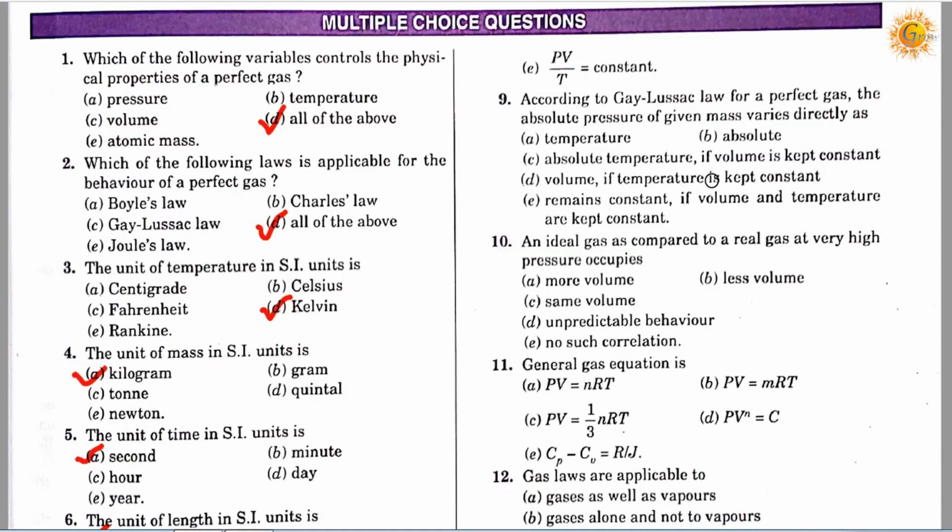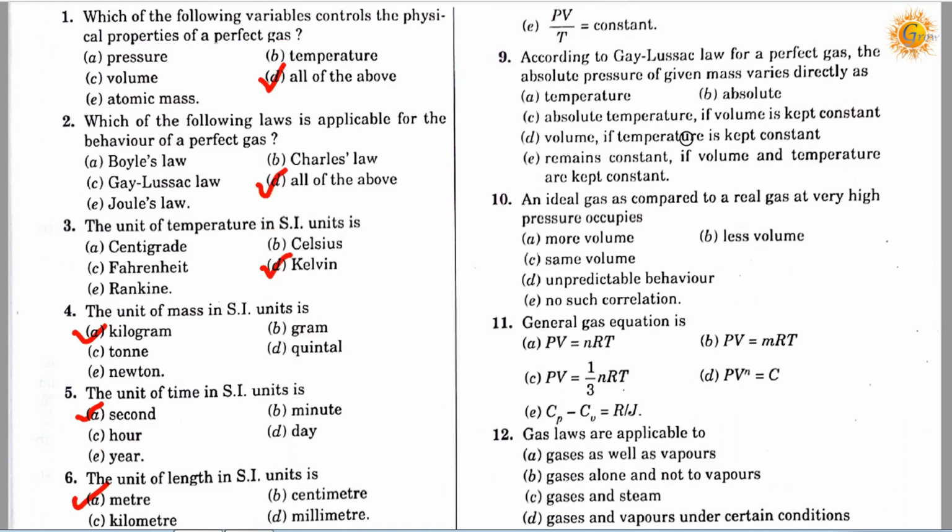Question number 9. According to Gay-Lussac law, for a perfect gas, the absolute pressure of a given mass varies directly as: option A temperature, option B absolute, option C absolute temperature if volume is kept constant, option D volume if temperature is kept constant, and option E remains constant if volume and temperature are kept constant.